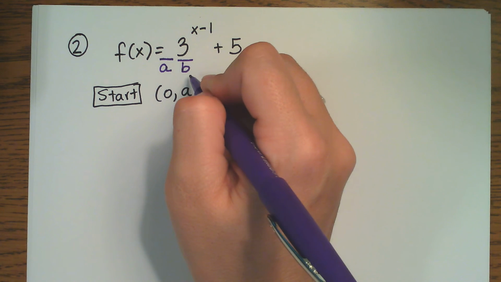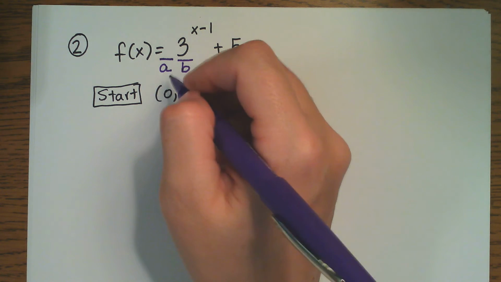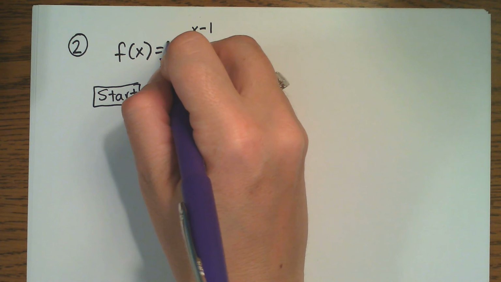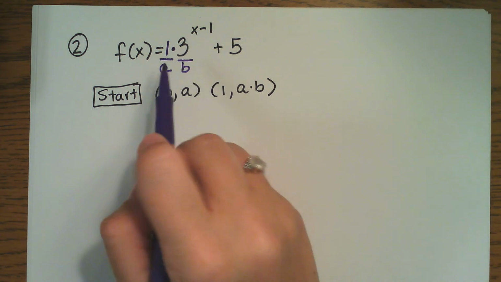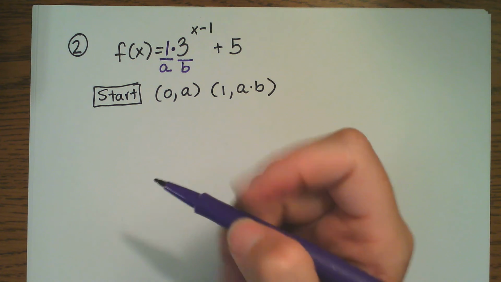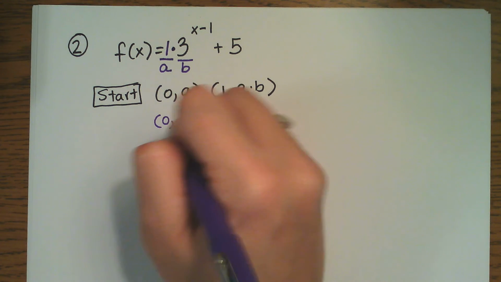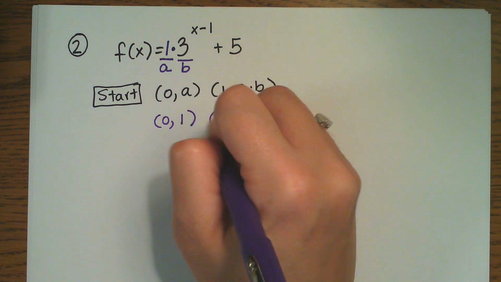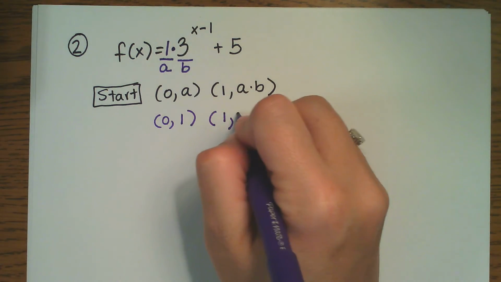So you'll never not have a b value, but you might not have an a value. But we do want to put a number there, and since we're going to have to multiply these together, we want to use a 1. 1 times 3 won't change the problem. So we'll have 0, 1, and 1, comma, 1 times 3 is 3.